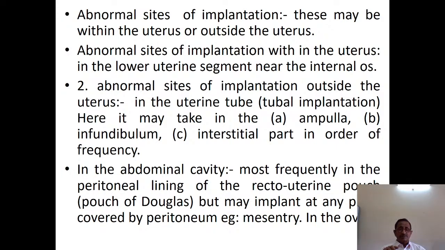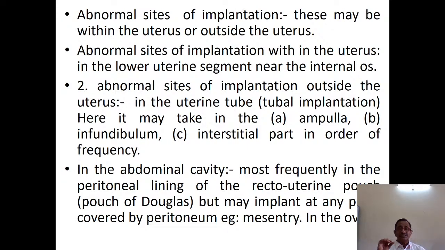Then sometimes it comes out of the fallopian tube and gets implanted in the mesentery of the rectouterine pouch, or sometimes, if fertilization occurs in the ovary, before it comes out of the ovary it develops into a blastocyst and finally gets implanted in the ovary itself.